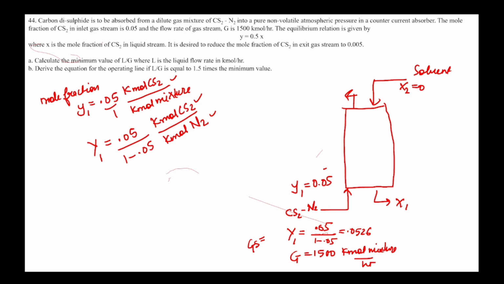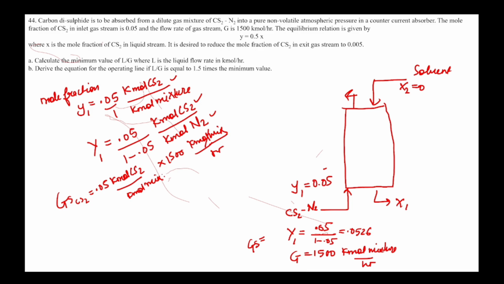If I want to calculate the flow rate of CS2 only, what should I do? I will multiply 0.05 kilomole CS2 divided by kilomole of mixture into 1500 kilomole of mixture per hour.